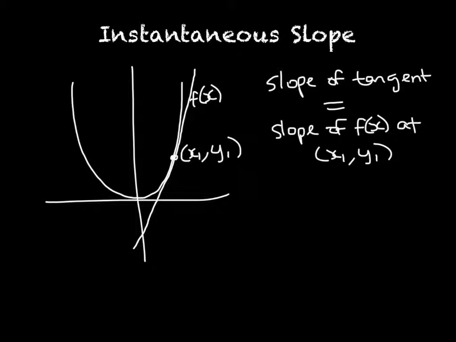But since f of x is not a line, it might be confusing to think about the concept of a slope of a curve. So instead, we'll clarify this by calling it the instantaneous slope, or the slope at one instance in time.